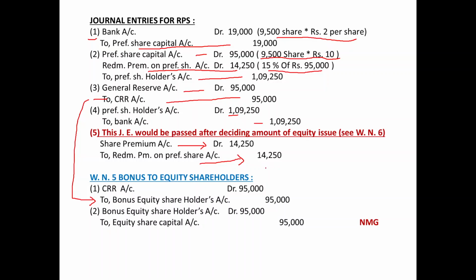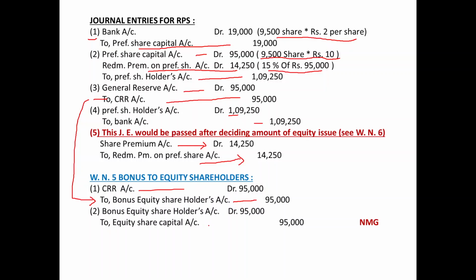Once the process is over, as per the instruction given in the question, that created reserve was utilized for issuing bonus shares to equity shareholders. So let us pass those two journal entries also. CRR account debited 95,000 to bonus to equity shareholders account credited 95,000.